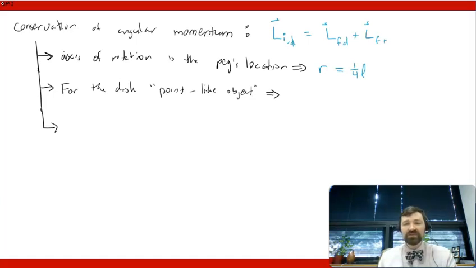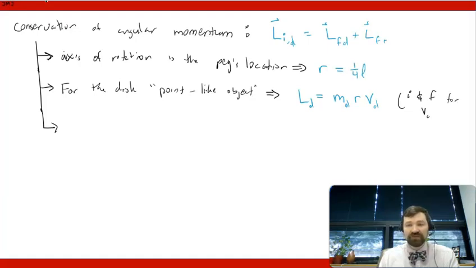And so the moment of inertia for the disc, in both the before and after case, is equal to m times r squared. This means I can also just simply calculate the angular momentum. I can either call it m r squared omega, or I could simply use m disk times r times v disk. And we again note that there is an initial and a final v disk.